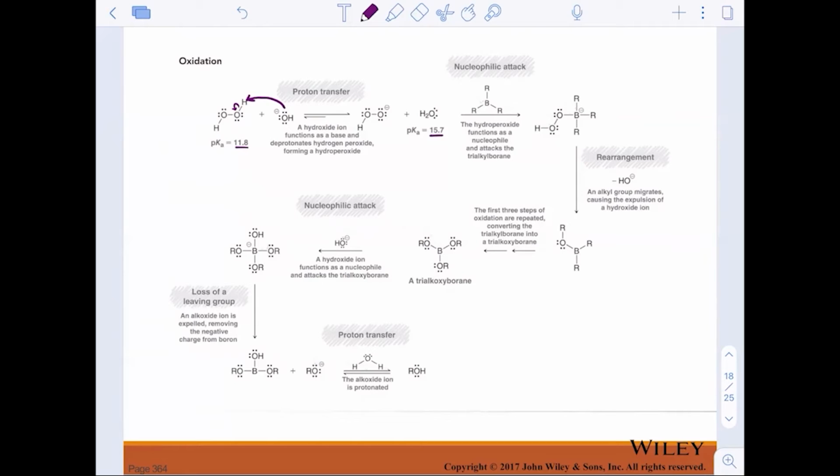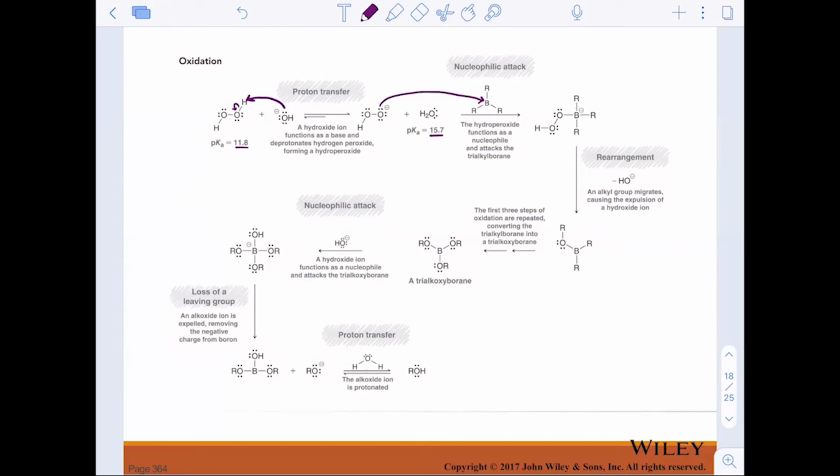Then the trialkyl borane comes into the picture, and that peroxide does a nucleophilic attack on the boron. This is a Lewis acid-base reaction where the oxygen that is negatively charged will attack the boron electrophile. Boron, not having its full octet, can accept another electron pair. Notice the boron now gets the electron.